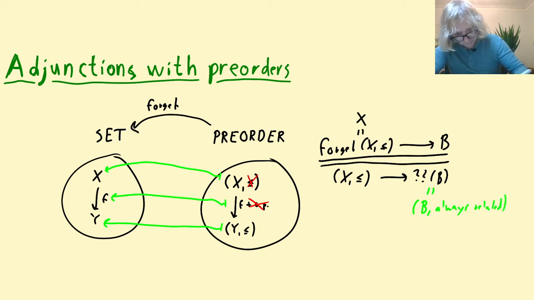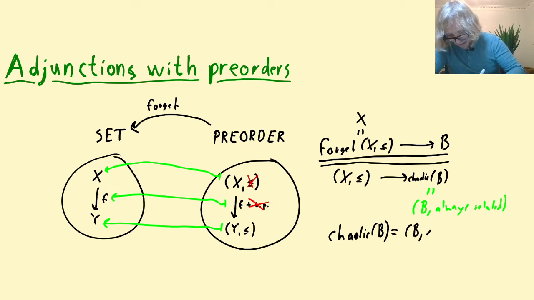So this is sometimes called the chaotic order. So saying that chaotic of the set B is the same underlying set, and then B and B prime are always related.